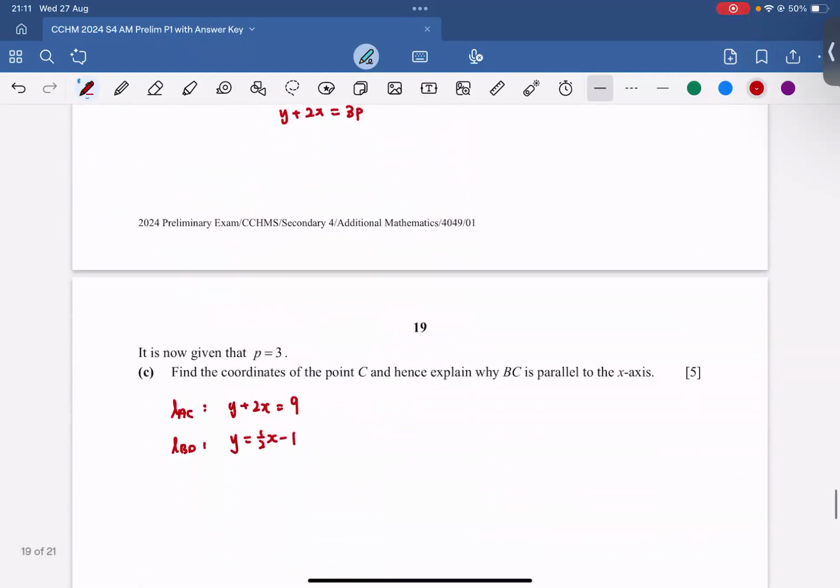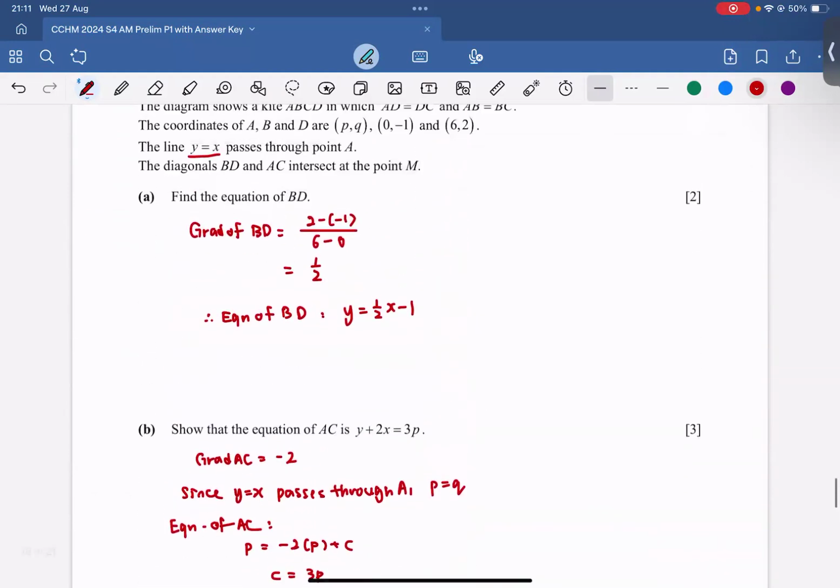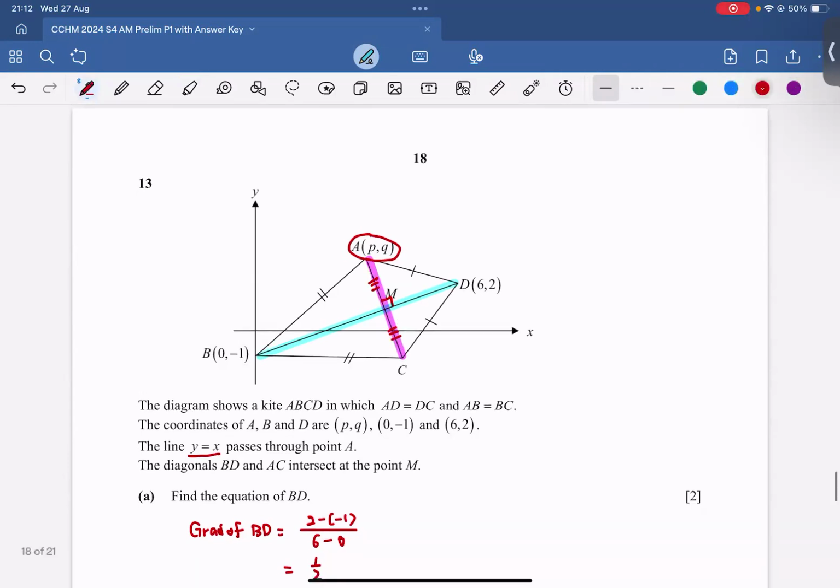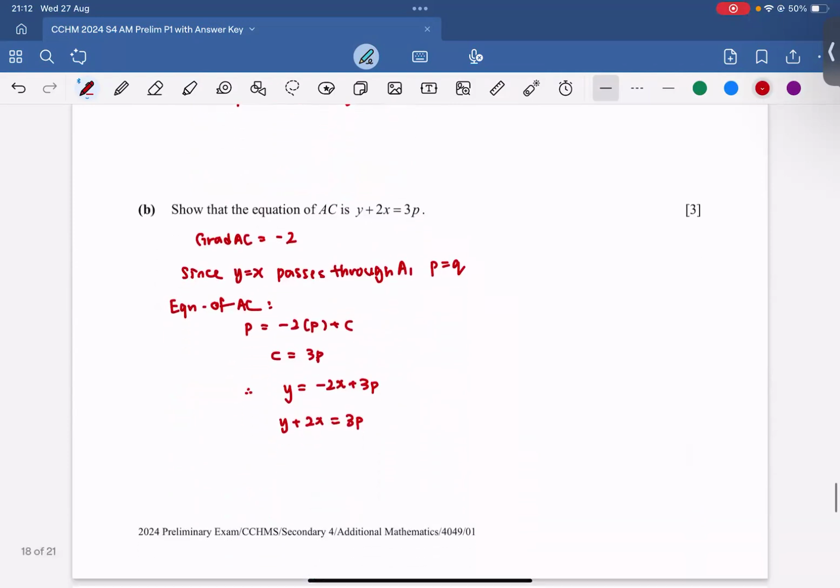In order to find the coordinate of C, we must know that this is a kite and this length equals this length. Before we can find anything, we must find the coordinate of M. M is just the intersection of BD and AC, so to find M, we solve the simultaneous equations of BD and AC.